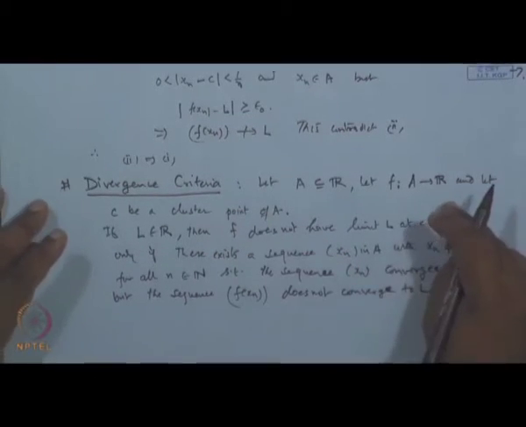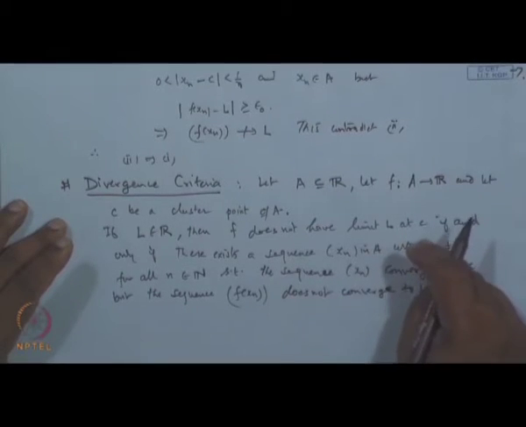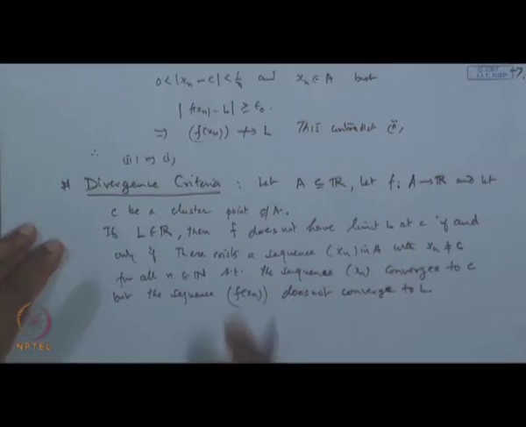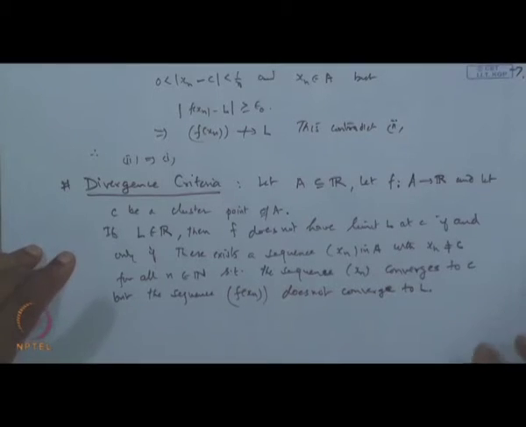The limit of the function f of x when x tends to c is not equal to L, it means this will exist. Okay. Now, let us see few examples where the limit of the function does not exist, which are very interesting examples and used very frequently in further study.